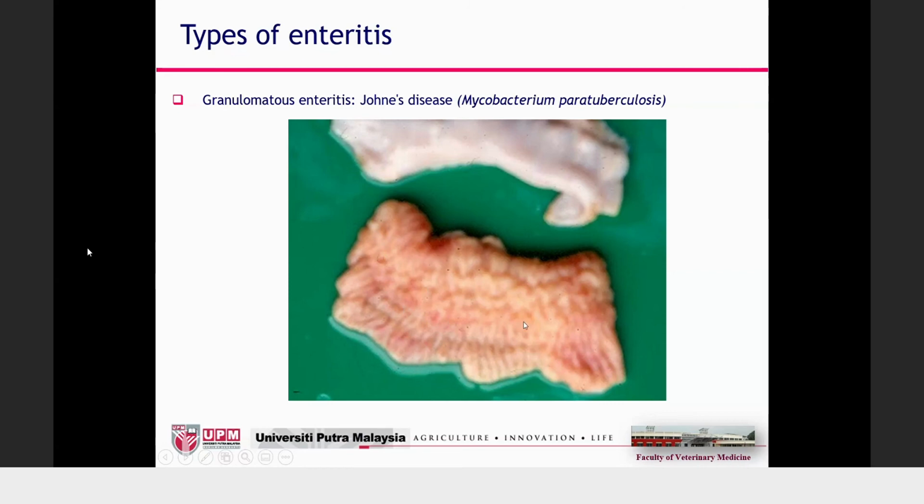You can see why it is folding: there is very severe infiltration of inflammatory cells in the submucosa of the intestine that leads to folding of the intestinal lumen or mucosa. That folding will lead to shortening of the villi, and to inefficient digestion and absorption. That's why the animal has shooting diarrhea.